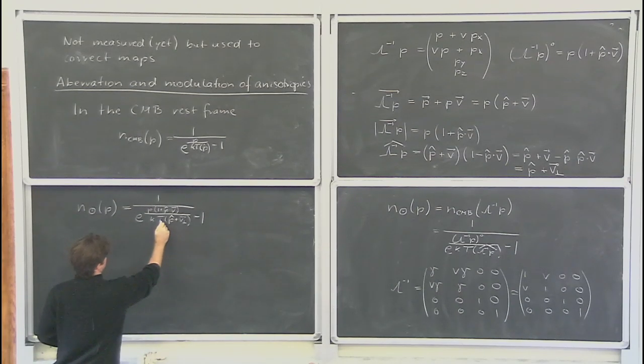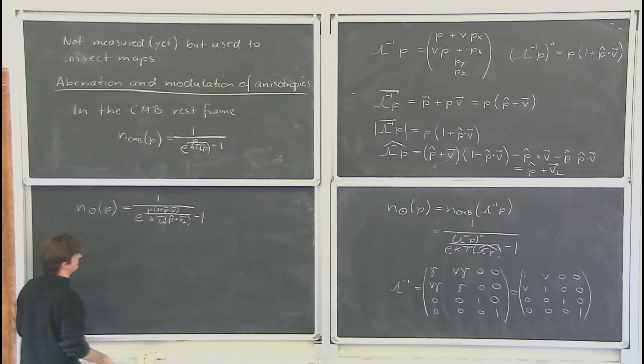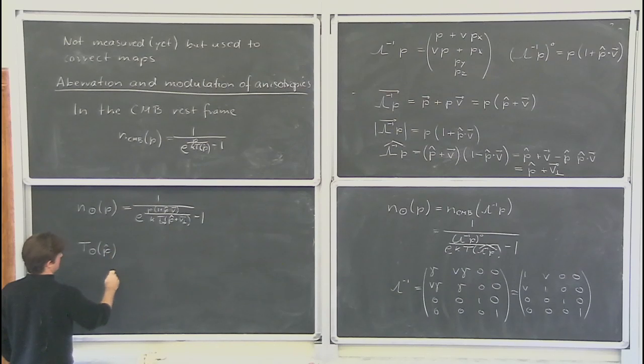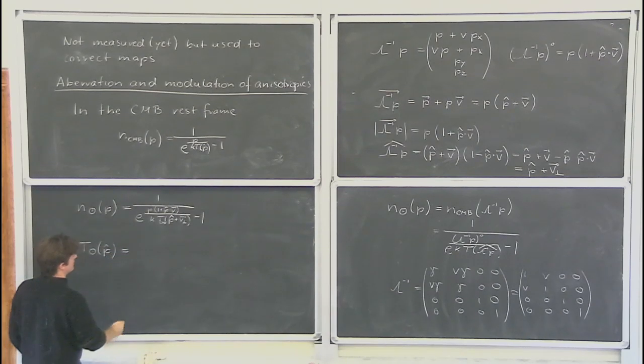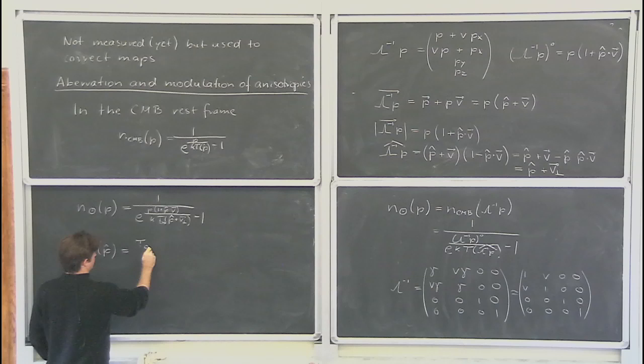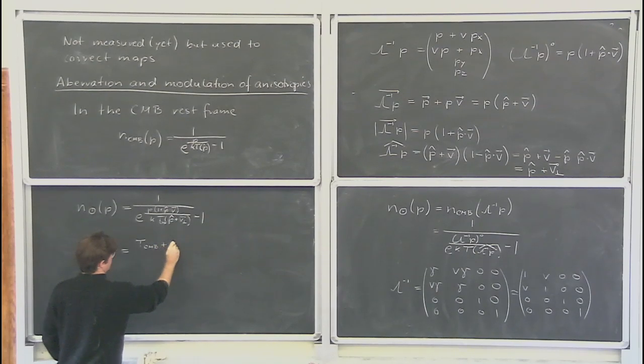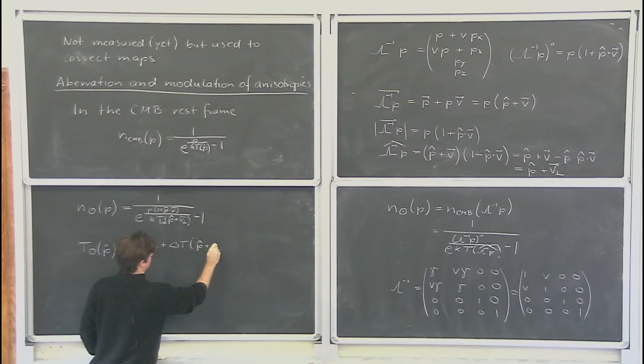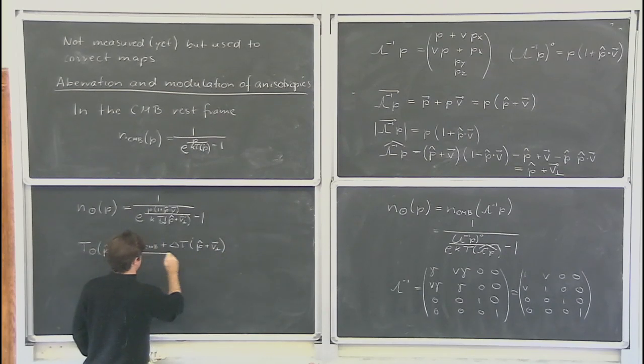This is again in the CMB frame. And so now we can again define an effective temperature in the solar system frame, or in the satellite's frame, to be equal to the monopole of the CMB plus the fluctuations delta T in the CMB frame, at p hat plus v transverse, divided by 1 plus p hat dot v.